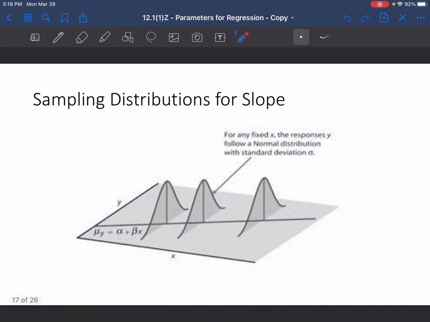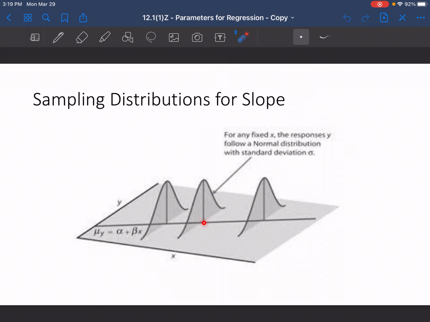However, if you're only given the line itself, what this really means is that when you're thinking about normality, each one of these centers is going to represent a sample regression line, basically. And each one of these bell curves right here represents its own sample, and the one single line is representing the population regression line.